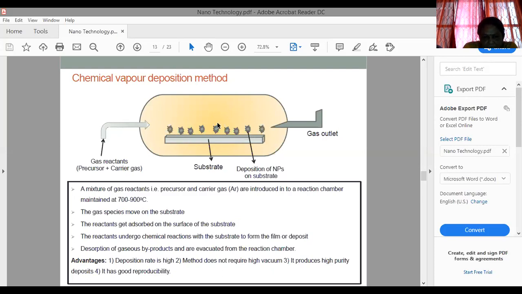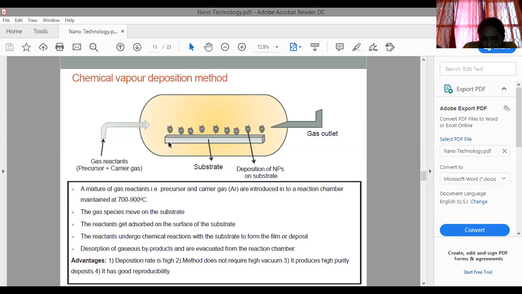And sometimes it also happens that you are passing the gases, and these gases at a very high temperature get atomized, and slowly these atoms come close to each other, and then they get deposited in the colder region. That also can be done.